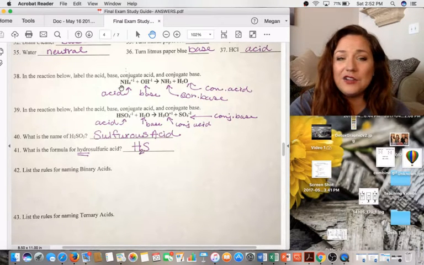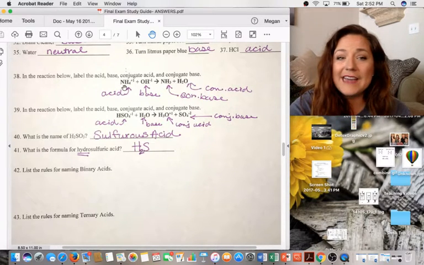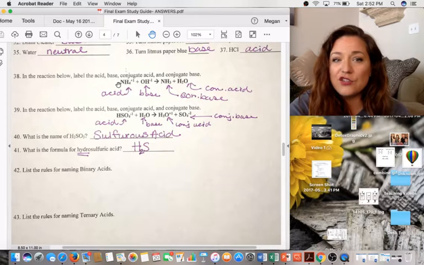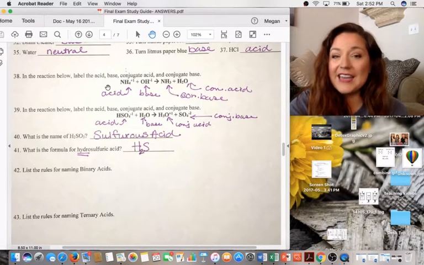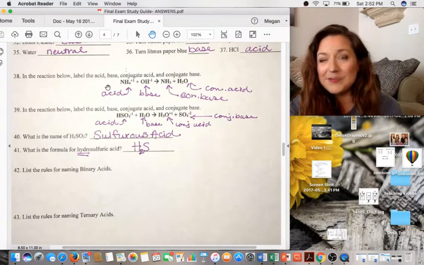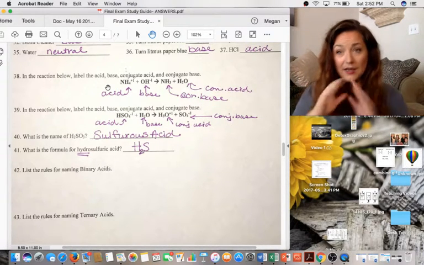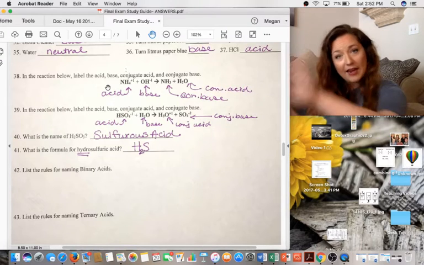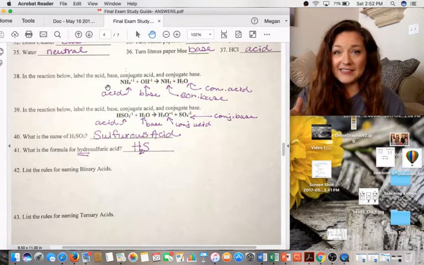When I look at NH4 and OH and compare them to the products, I see that NH4 becomes NH3. There's a hydrogen missing between the two. Because NH4 gave up that hydrogen, he is the acid.